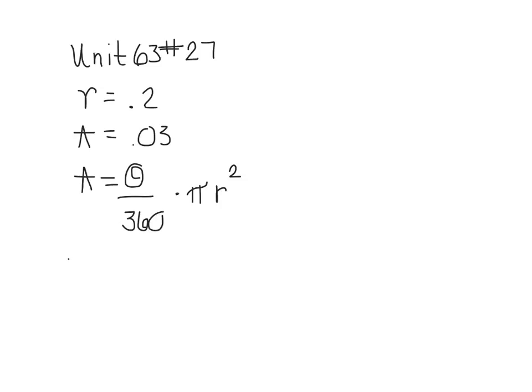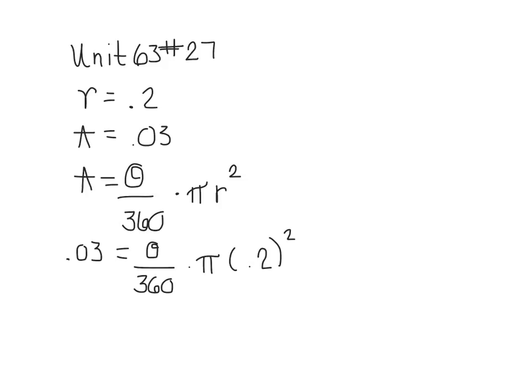So if we plug in what we know, A is equal to 0.03. We don't know theta, but it's going to be divided by 360 and then multiplied by pi times our radius squared, which will be times 0.2 squared.